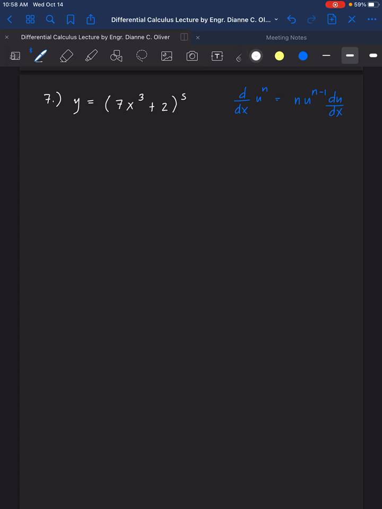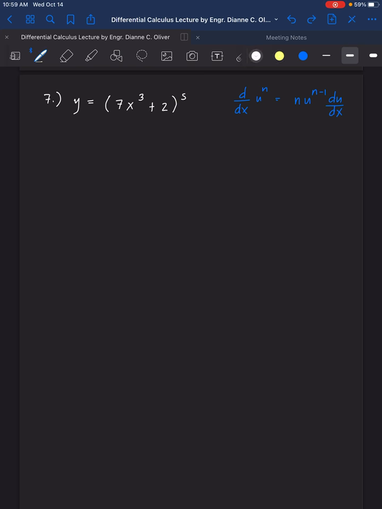Okay. So let's use that. The u in this example is the base, 7x raised to 3 plus 2. That is the u.